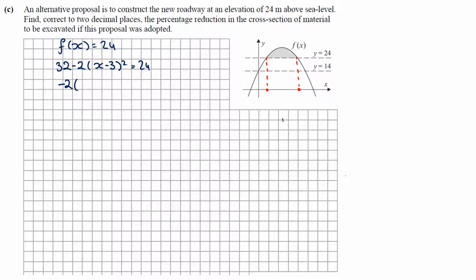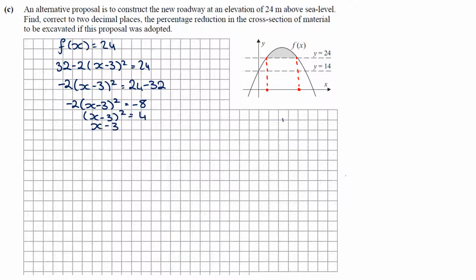Just like before, I'm going to use the idea of the square bracket, keeping it as is and working through it instead of multiplying it out. And we get minus 8. And I'm left with (x minus 3) squared is equal to 4.